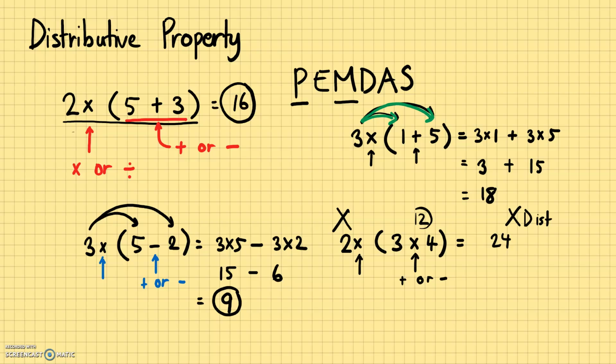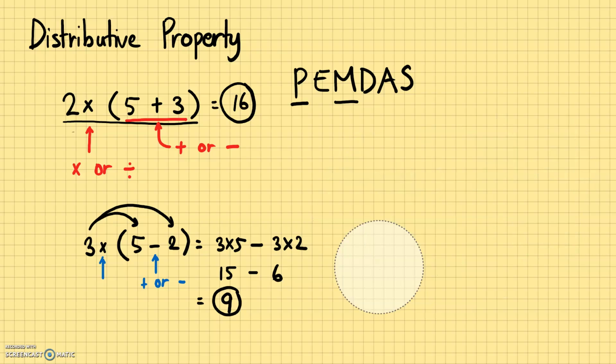And later on, actually, you use this more often with variables. So let me give you an example with a variable here. Let's say we have 2 times, actually let's not use an x for multiplication, because I'm going to be using x as a variable.